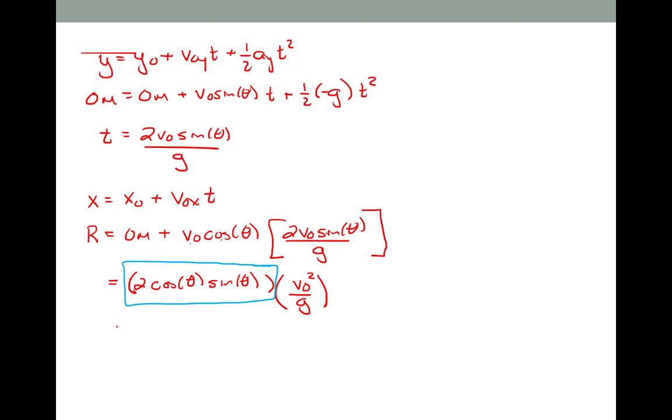So I'm going to invoke that trig identity and say that my range is going to be v naught squared divided by g times the sine of twice the angle. This is known as the range equation.